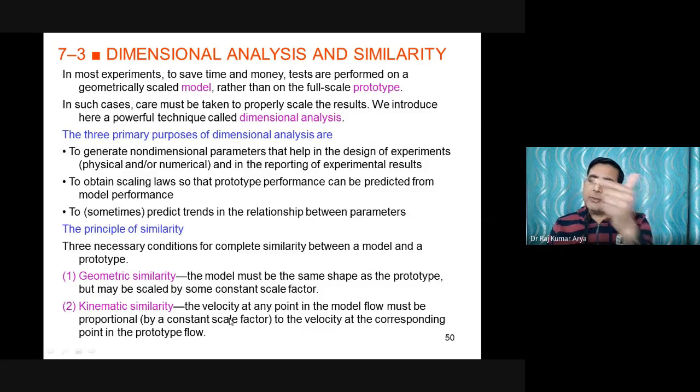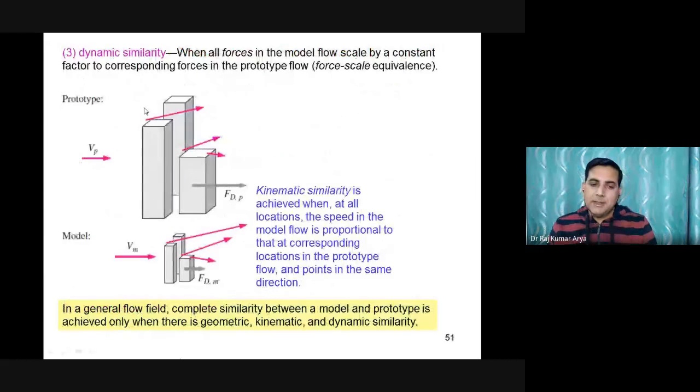The same should hold in the model type at that particular location. It can change from location to location, but at a particular location it should scale up by the same factor, maybe a factor of 2 or 3, or 0.5, 0.2, 0.3. So it should be the same factor at every point. That's called kinematic similarity. We will show all of them one by one.